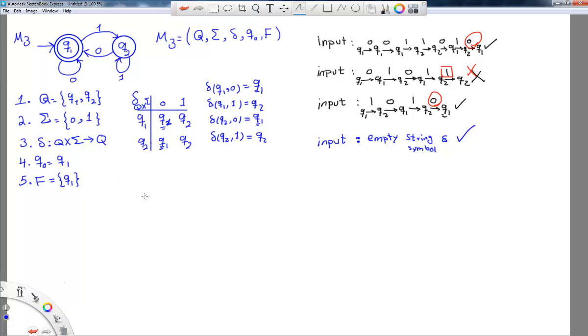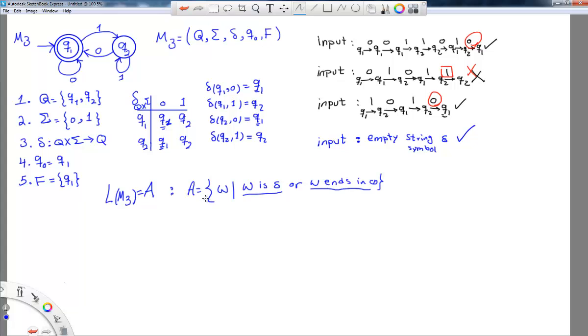So what is the language of m sub 3? The language of m sub 3 is a set A, where A is any string W such that W is the empty string, or W ends with a 0. So if W is the empty string, or W ends in 0, then this string will be accepted.